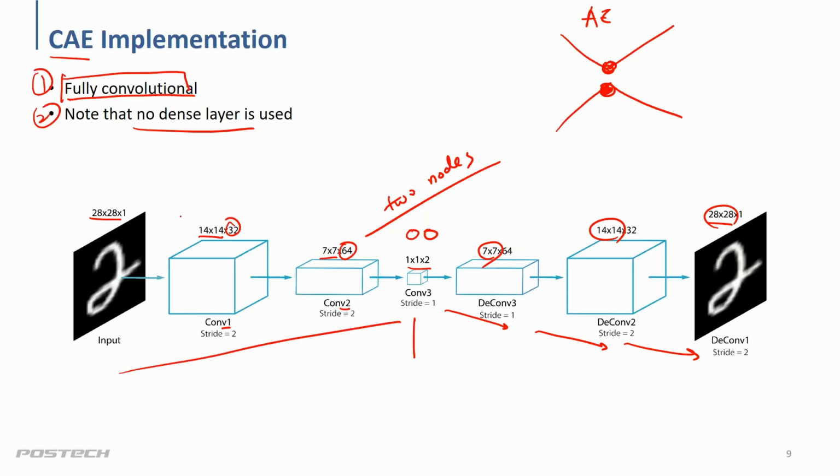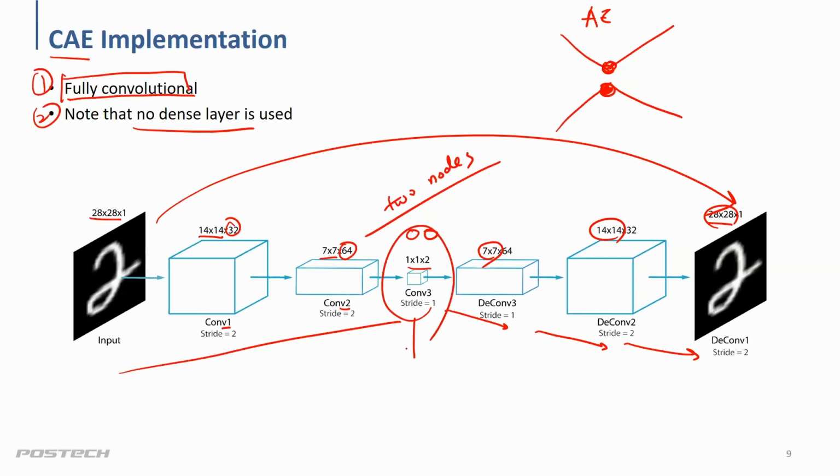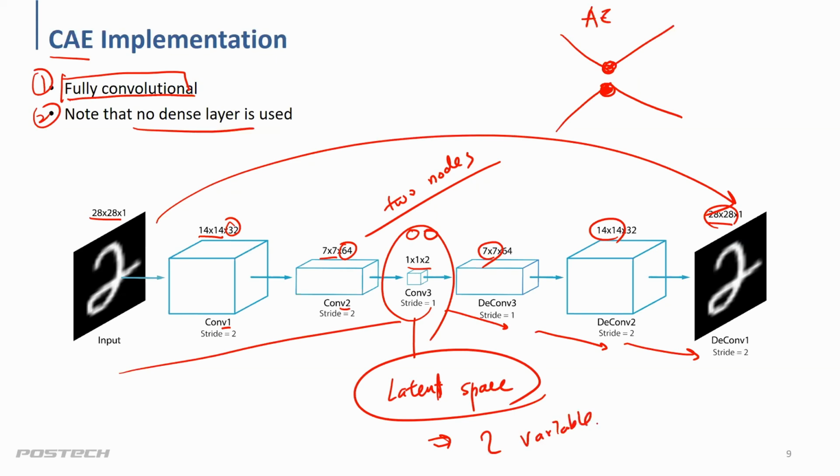I want to know how good it is in terms of reconstruction errors, and I want to know what the physical meaning is in the latent space. In this case, it is two variables. That's the structure that I want to implement and to see.